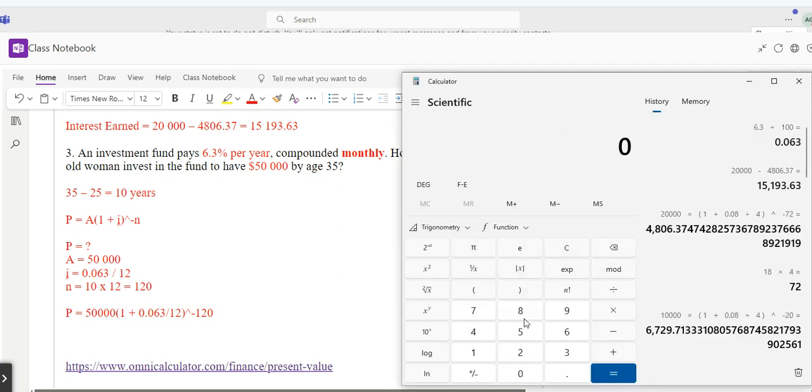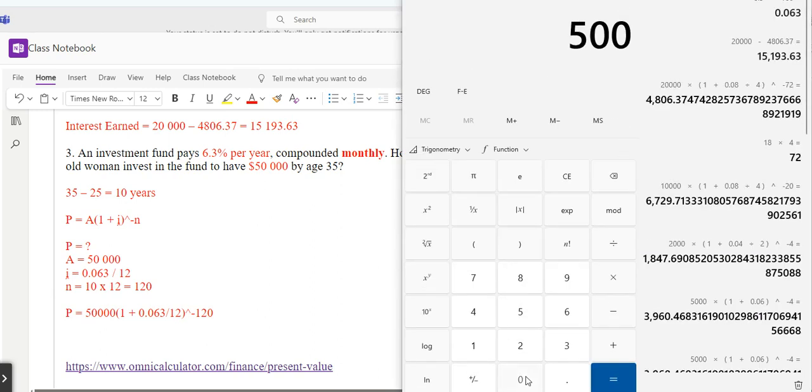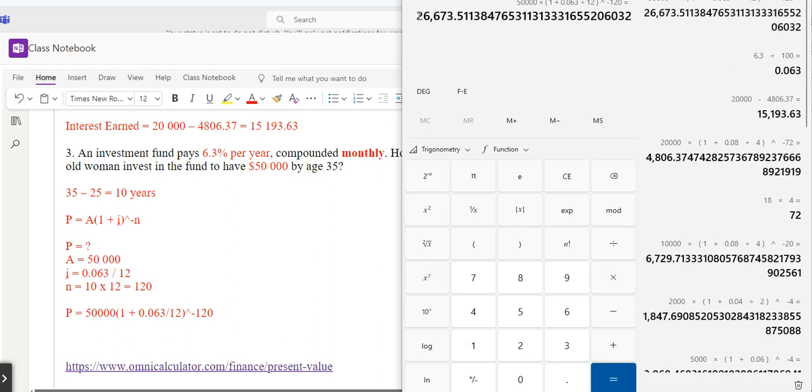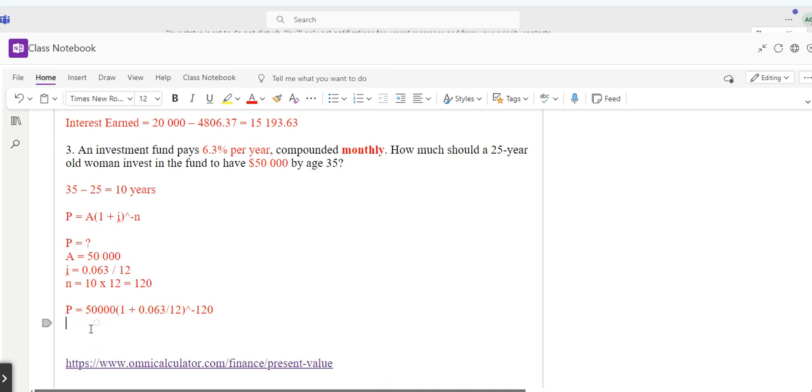And so on our calculator here, if we take our 50,000 multiplied by 1 plus 0.063 divided by 12 to the power of negative 120, we get this 26,600 number.